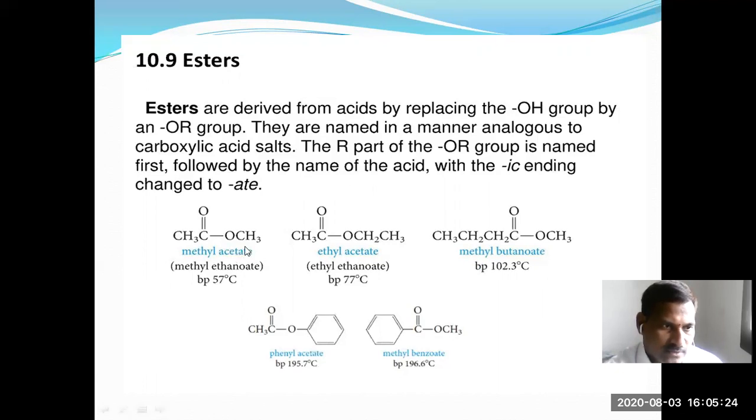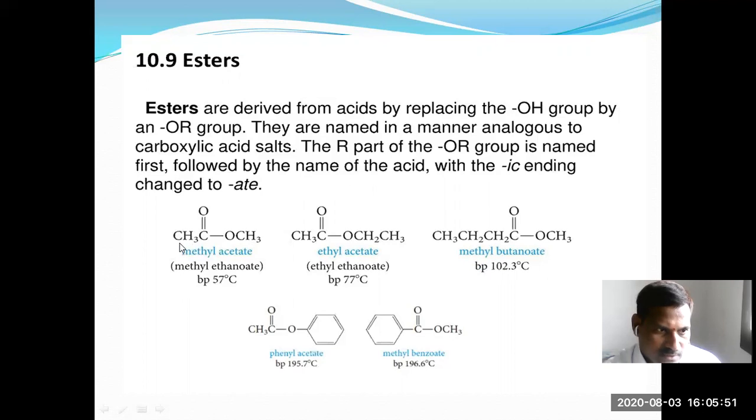See here, this is the OR group. R is a methyl group, so this is methyl acetate. First we name the R group, which is methyl.